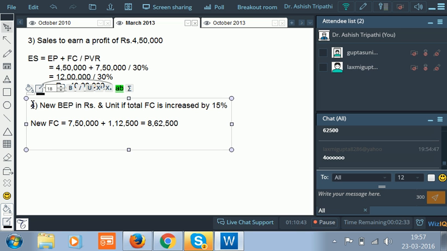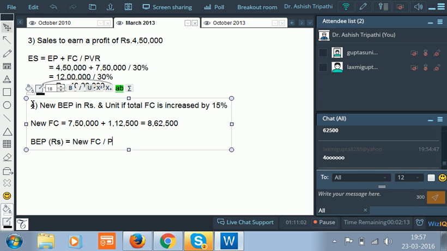Okay, so now it is very simple. Let us calculate the break-even point in rupees first. Break-even point in rupees. The formula is fixed cost.